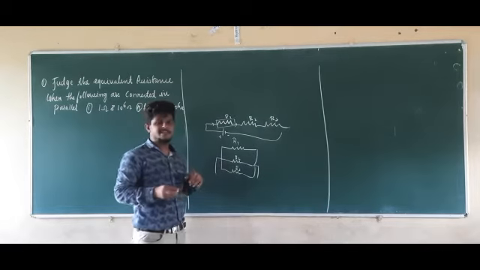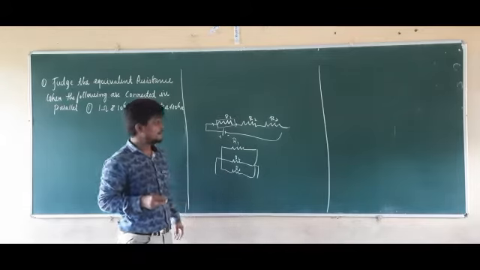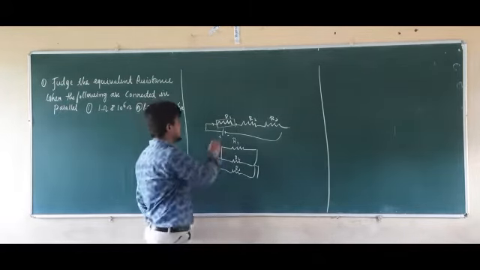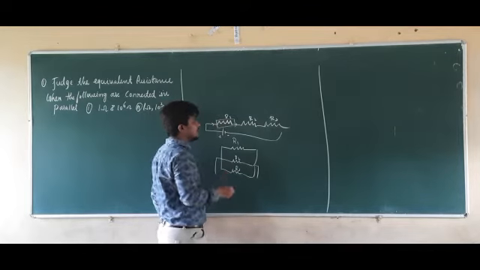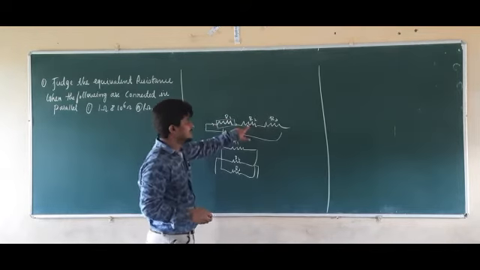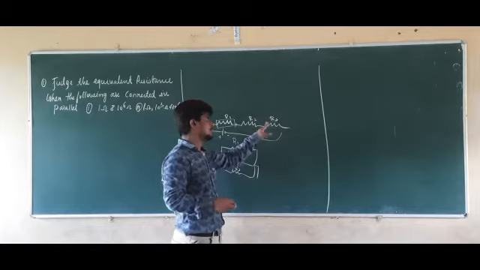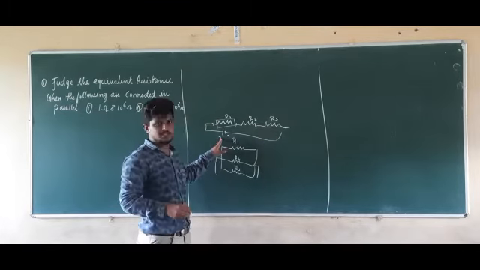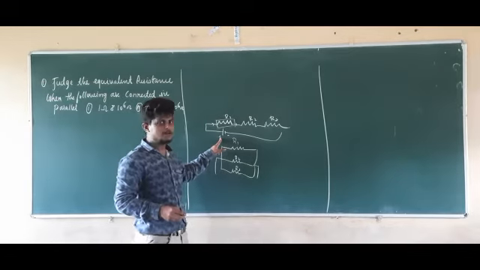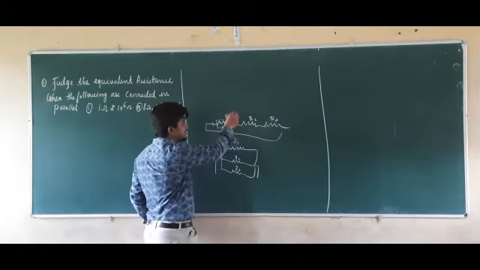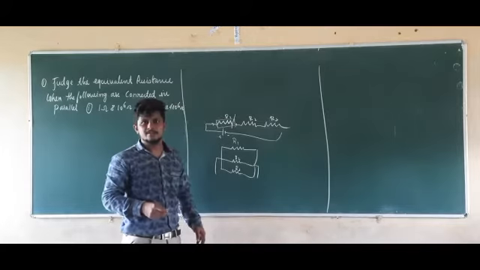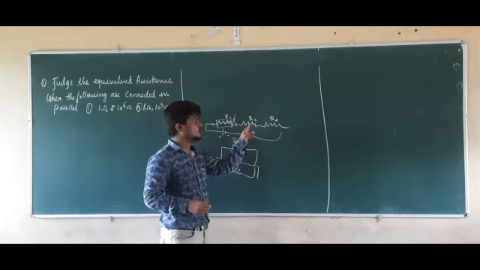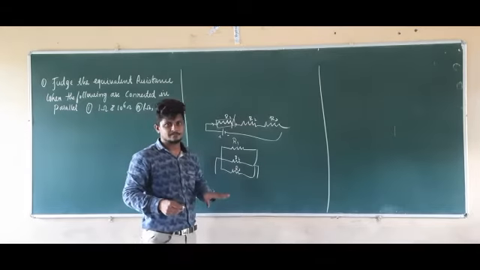If this bulb gets damaged, what will happen? This circuit becomes open. So if the current is not flowing through this bulb, is it possible that R2 and R3, the other bulbs, are going to get the current from this source? Is it possible? No, it is not possible. Because of the damage of this, a circuit break is going to happen. If the circuit break happens, then the current is not going to flow to R2 and R3.